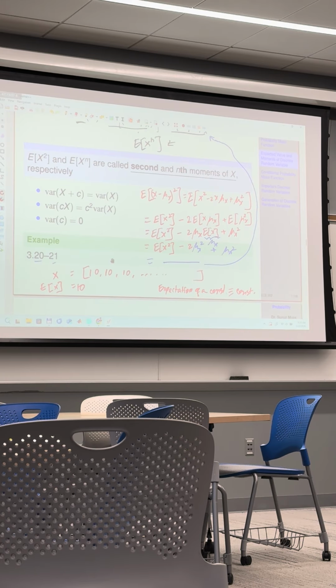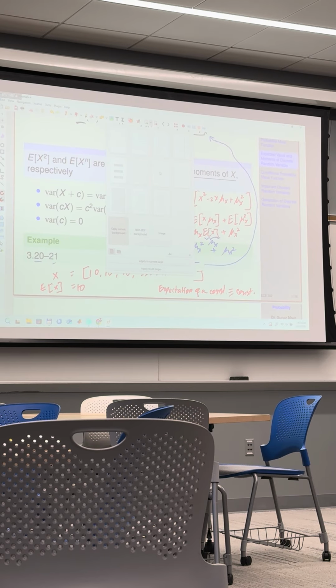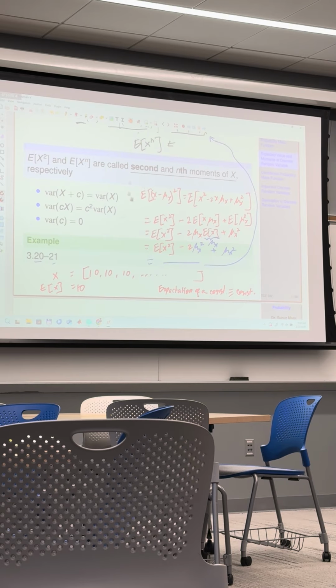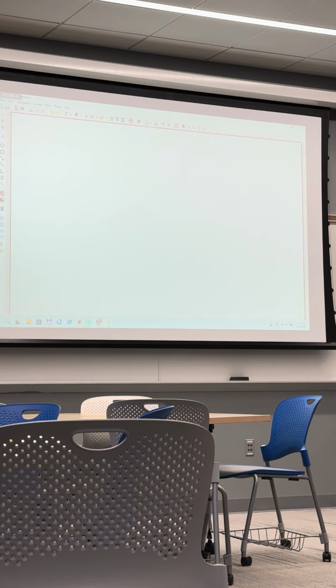There are some other properties. These are important before I complete this chapter. So there are some properties of a variance operator.